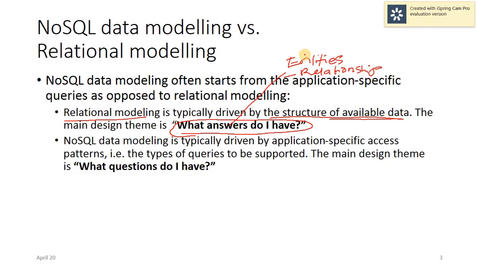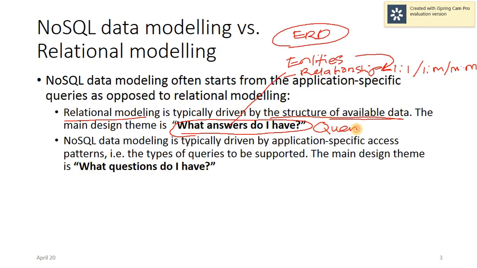If you still remember your ERD, entity relationship diagram, those entities are related to each other and defined by the relationships: one to one, one to many, and also many to many. But then it does not consider the queries from the users.